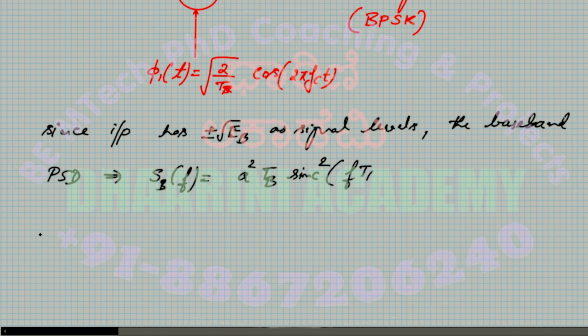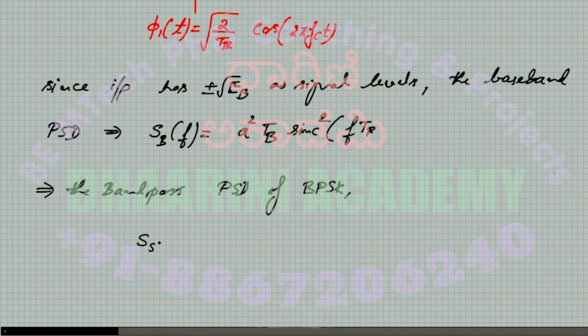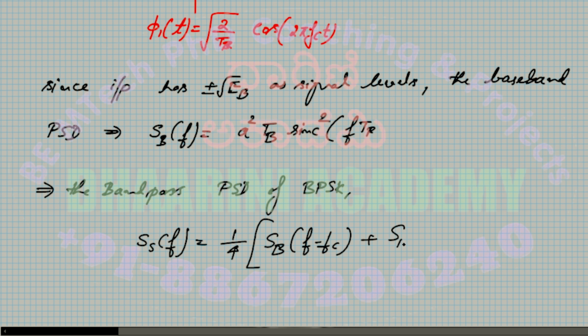So the band pass power spectral density of BPSK, binary PSK, is nothing but SS of F equal to the same equation. This is 1 by 4 times SB of F minus FC plus SB of F plus FC.